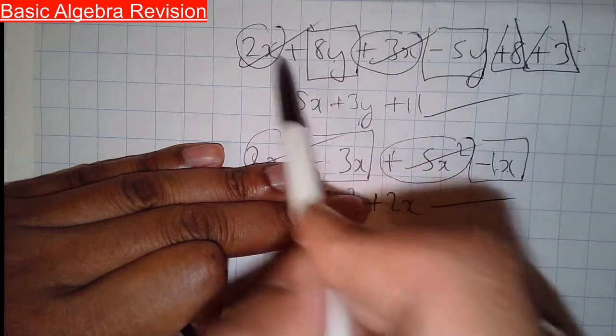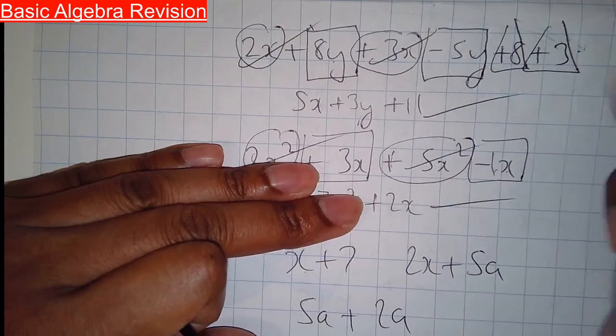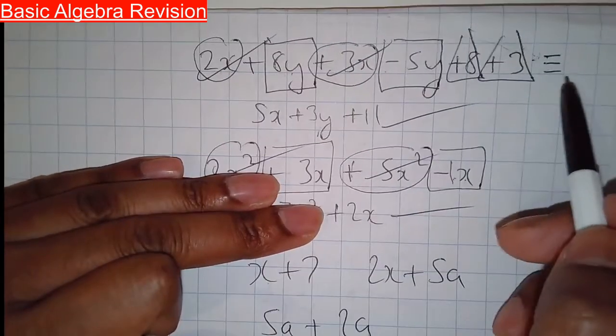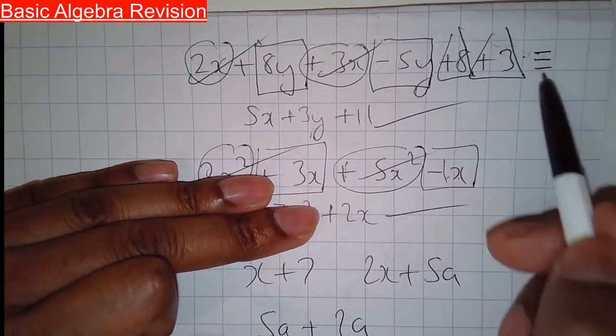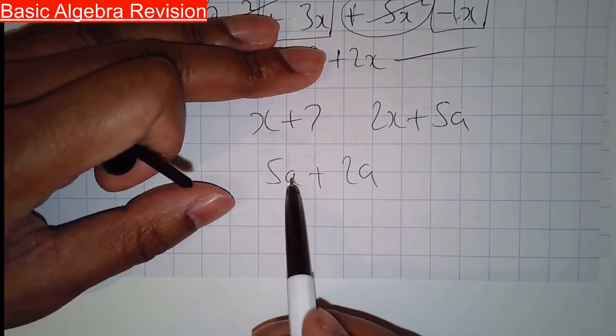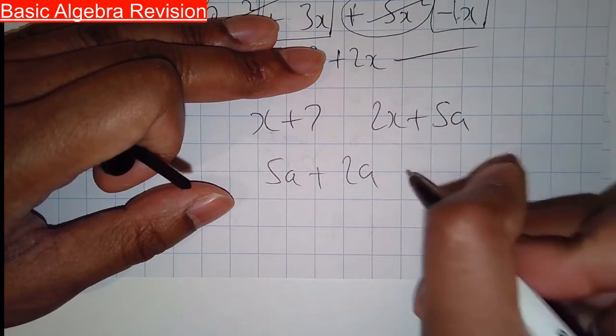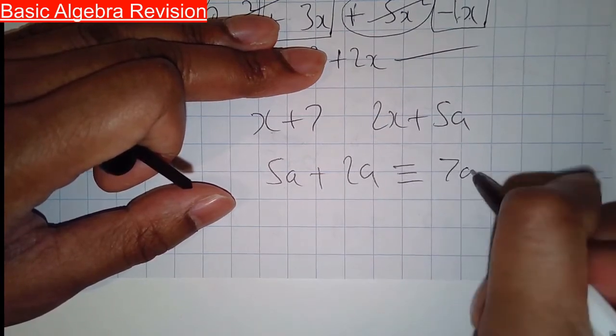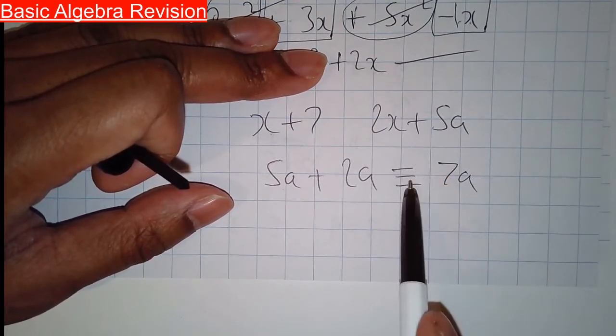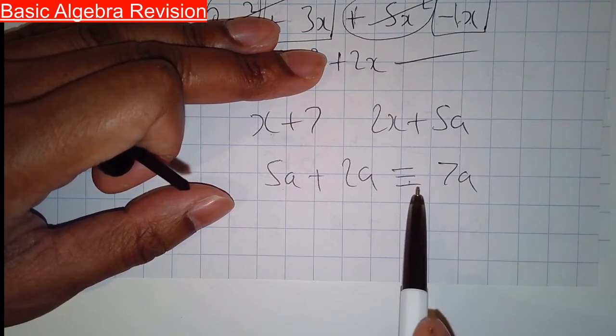That there is identical to this, and the symbol for that is this. It's not an equal symbol, it's an identical symbol. So 5 apples plus 2 apples belong to the same family. 5 apples plus 2 apples is identical to 7 apples. So that's the identity symbol.